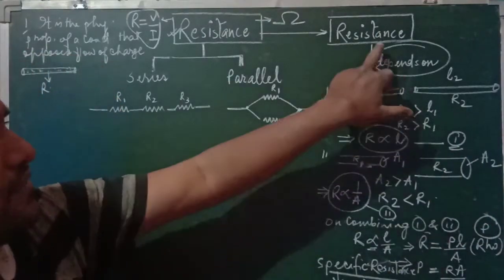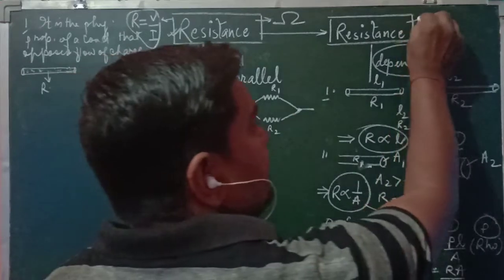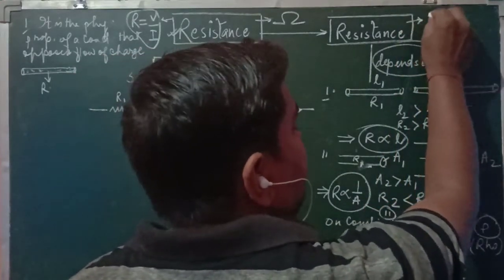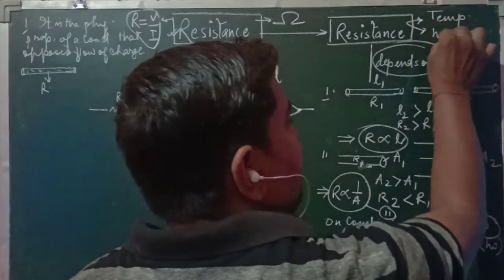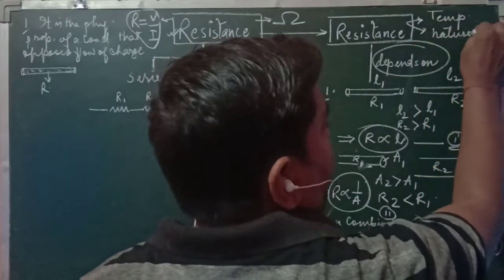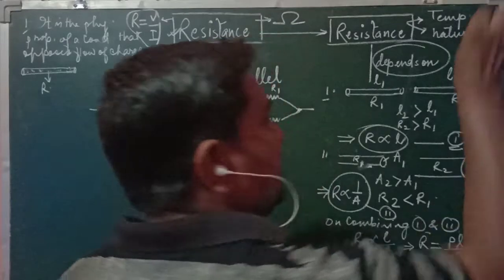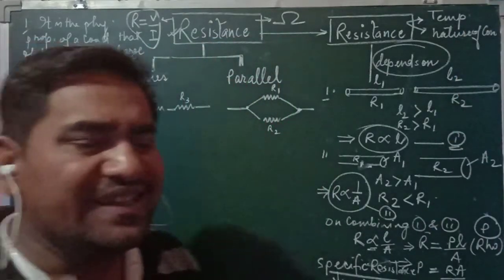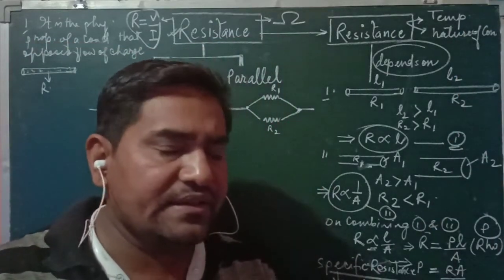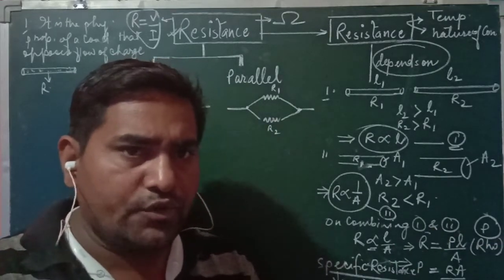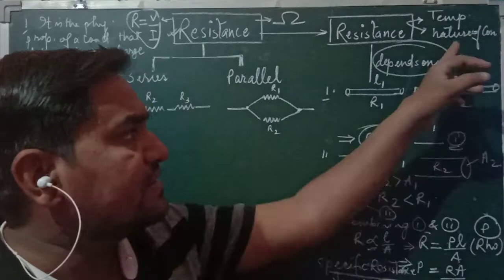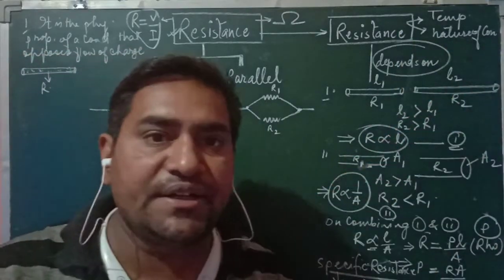Along with that resistance is also dependent on temperature and the nature of conductor. Simply copper will have less resistance than the iron. Understood? So it is dependent on the nature of the conductor also.